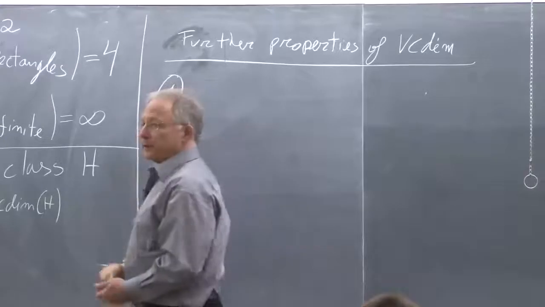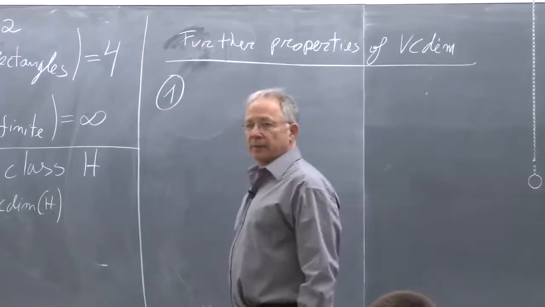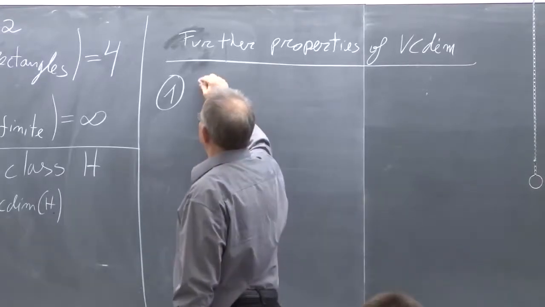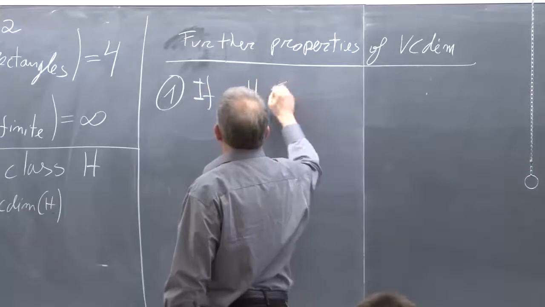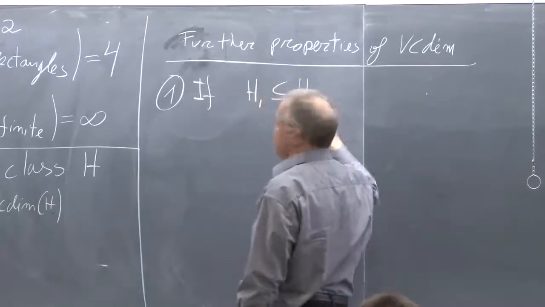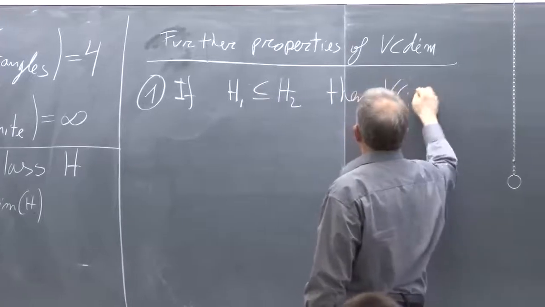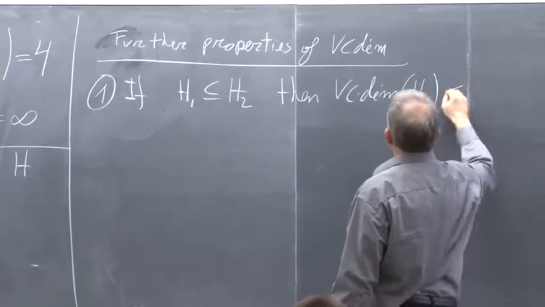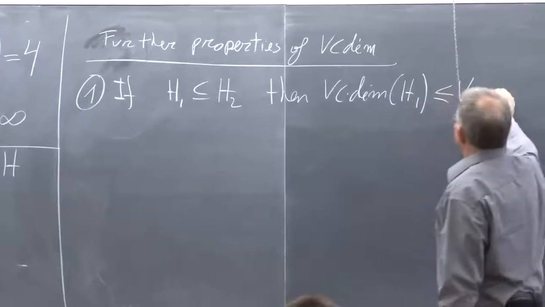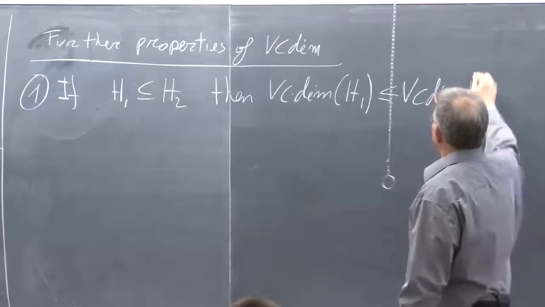One pretty obvious one is that it is monotone in H. So if H1 is a subset of H2, then the VC dimension of H1 is less or equal than the VC dimension of H2.